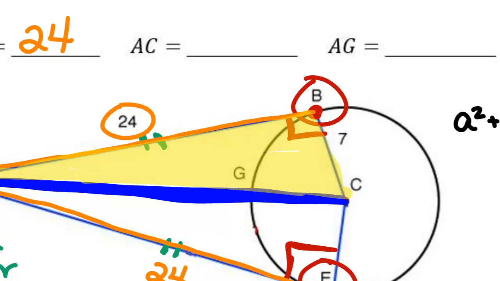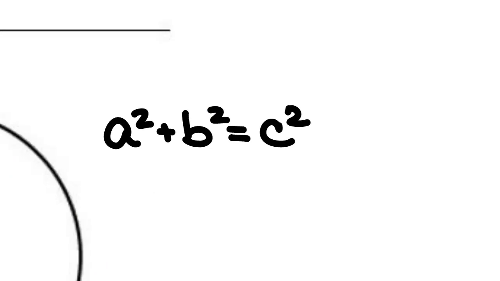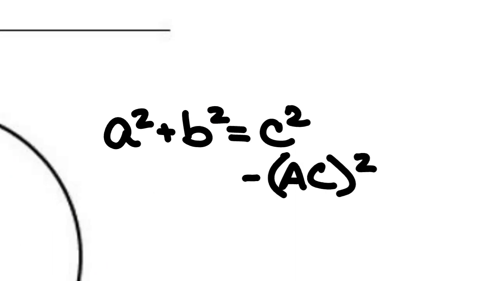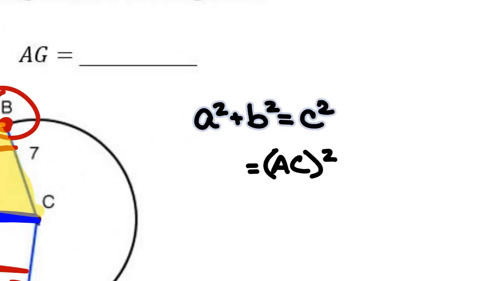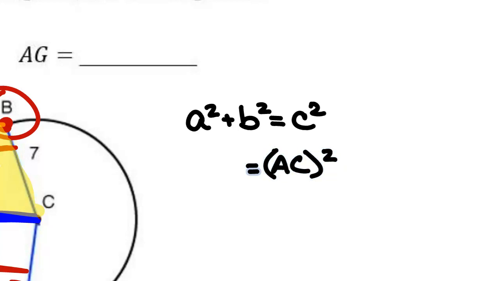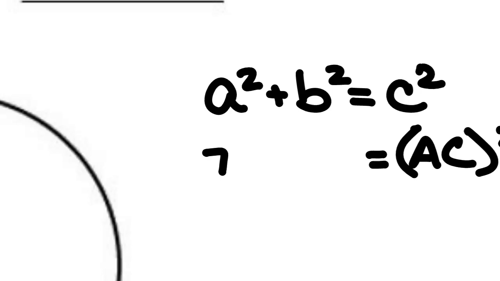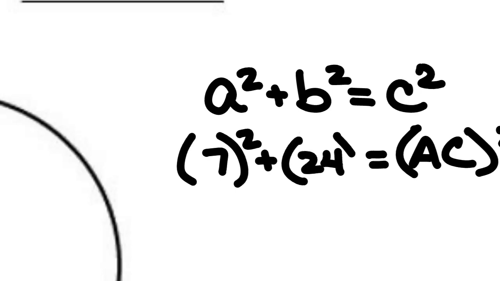And how do we locate the hypotenuse in a right triangle? Across from the right angle. Well, here's my right angle. The side that is opposite that is this side right here. So AC is my hypotenuse. So what would we put in for A and for B? 7 and 24. Does it matter which goes in where? Nope. So put 7 in for one of them and 24 in for the other. And now we have to square both of those.